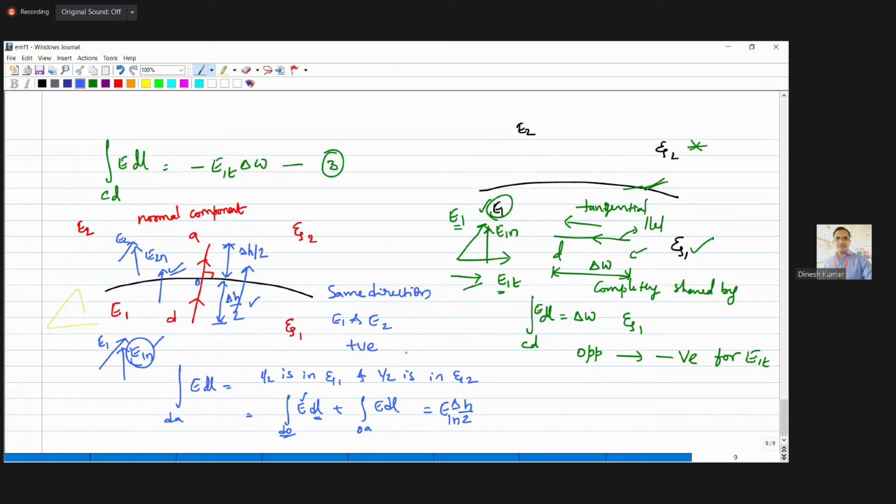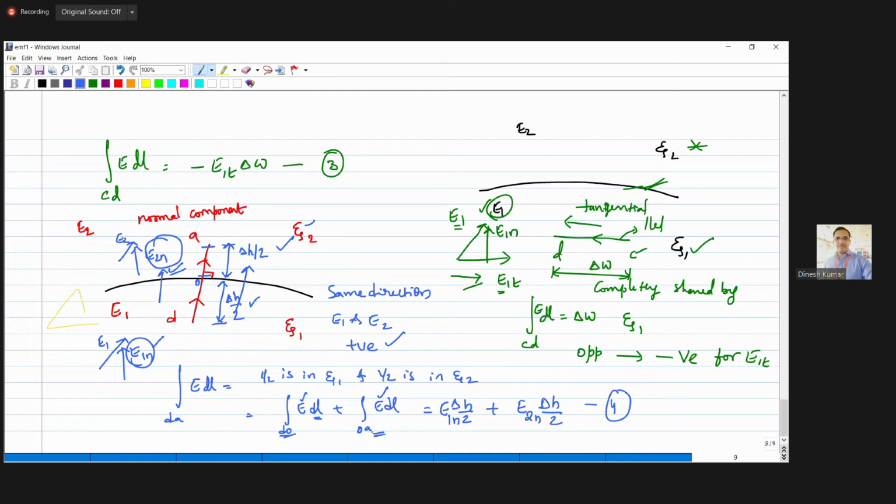The component is positive, so no problem. Next, coming to the integral 0 to A, the value is delta H by 2, and the value of E in this medium is E2n. So plus E2n delta H by 2. This is our equation 4.